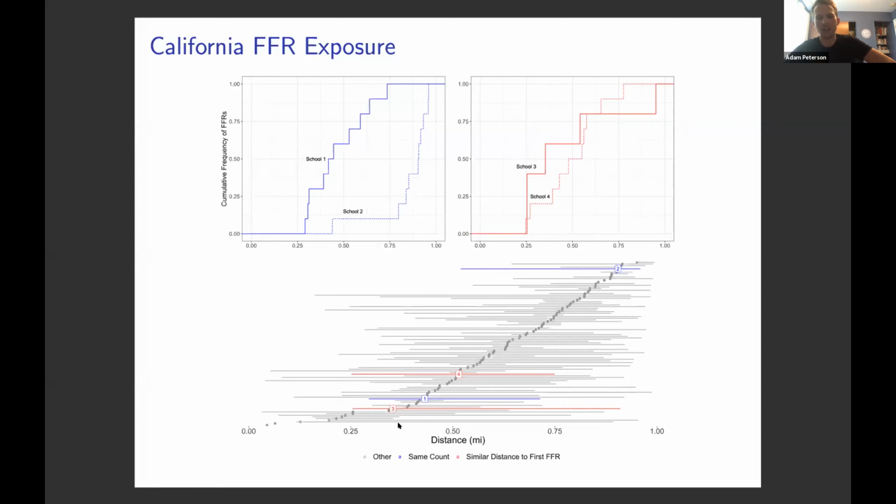Everything you're seeing here is the school distribution of fast food restaurant distances. And you can see that the schools I've highlighted show up all over the place. The idea here is that there's a lot of variability, and we're hoping to capture some of that and reduce the dimensionality in estimating some of these spatial profiles in our clustering. So that's great. That shows that we're on the right track in this analysis.